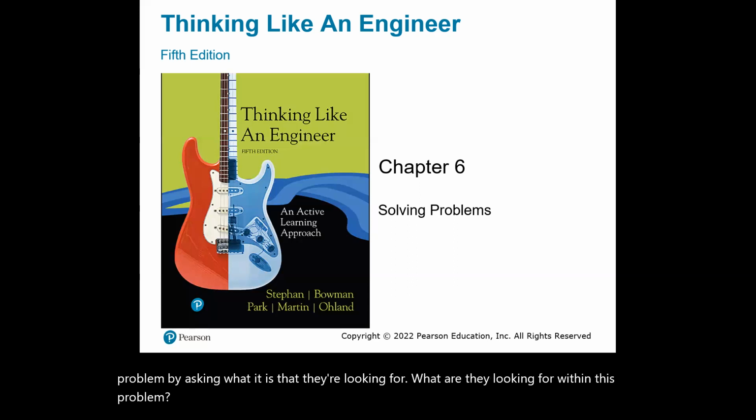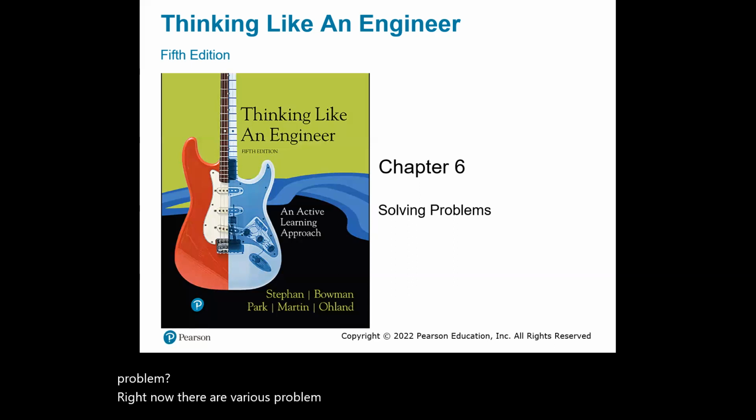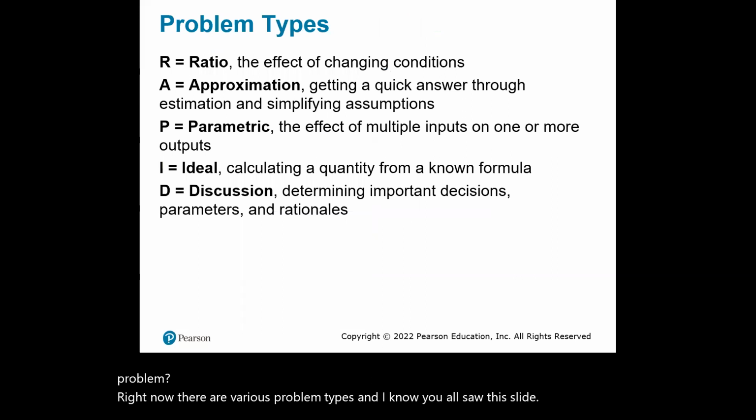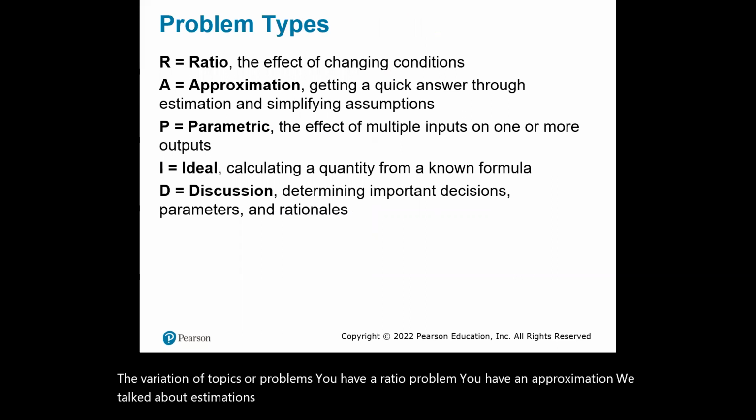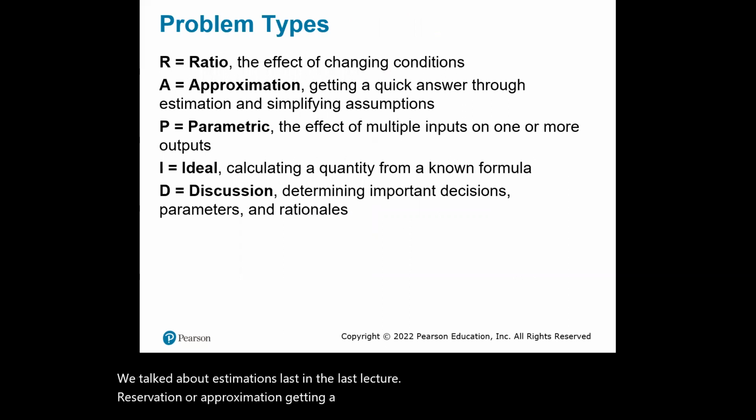Now, there are various problem types, and I know you all saw the slide. The variation of topics or problems is you have a ratio problem, you have an approximation. We talked about estimations in the last lecture. Estimation or approximation, getting a quick answer through estimating and simplifying assumptions.